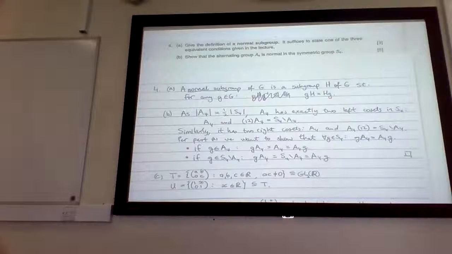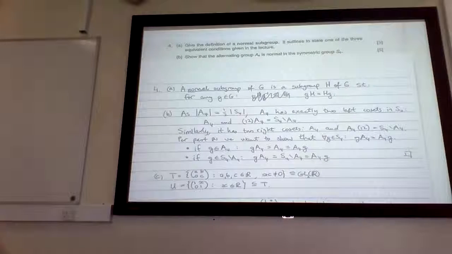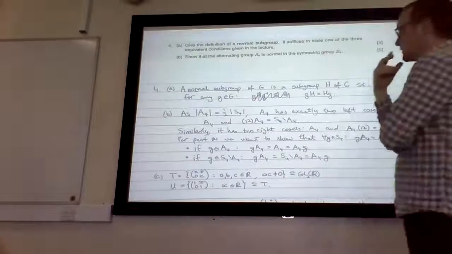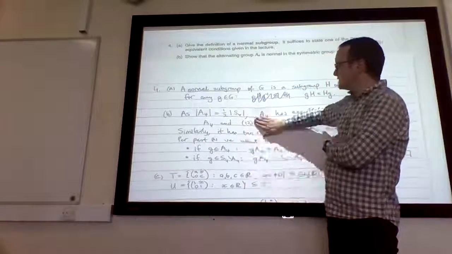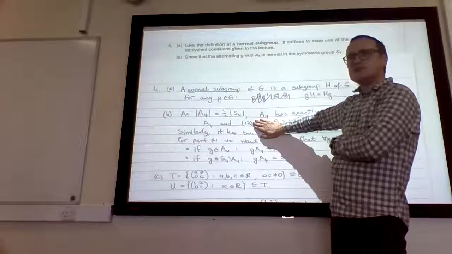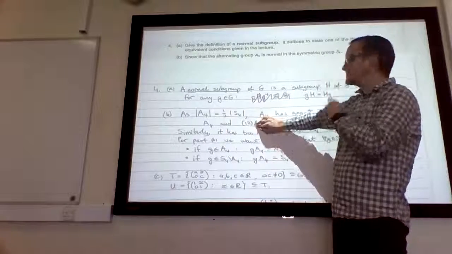So that's the argument he's given here. As the order of A4 is half of the order of S4, A4 has exactly 2 left cosets in S4. You take an element, a single transposition, which is not in A4, an odd permutation.